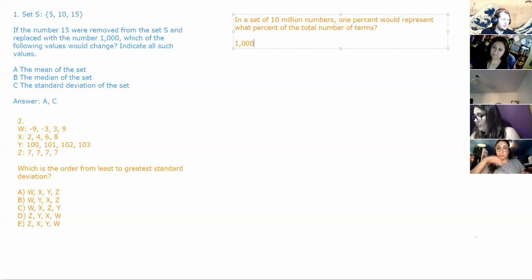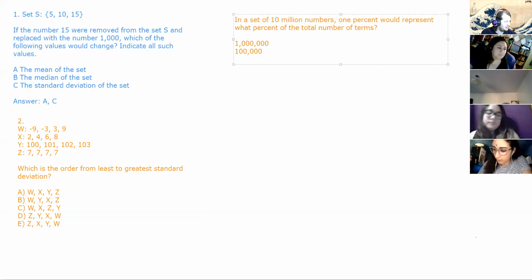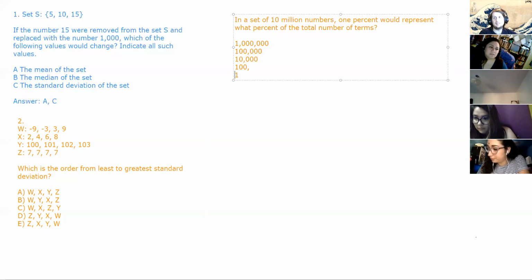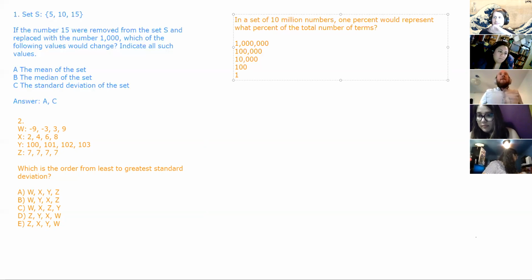The options are 1 million, 100,000, 10,000, 100, or 1. Is it 100,000?